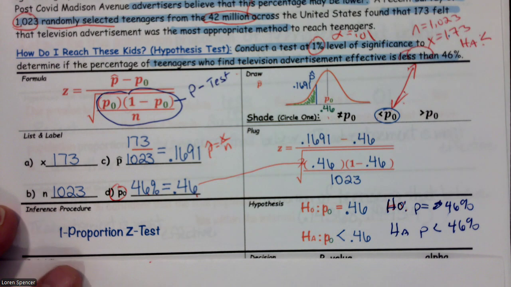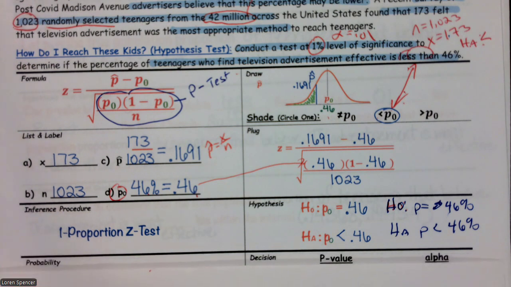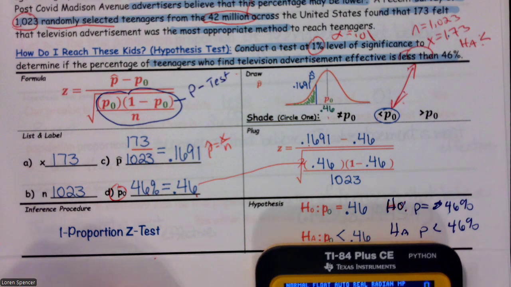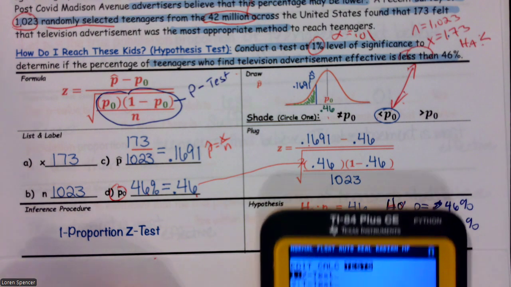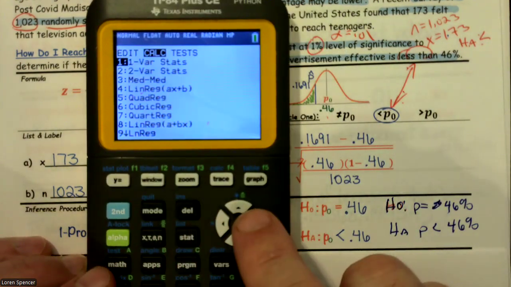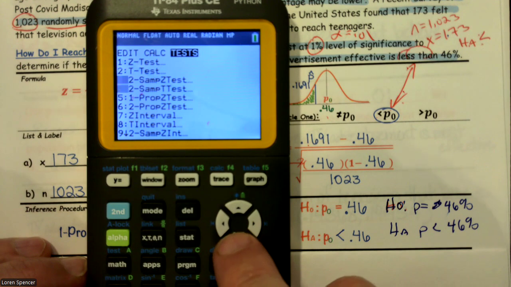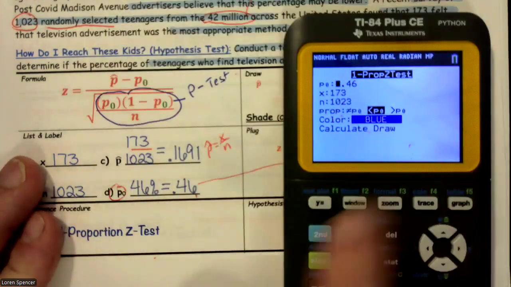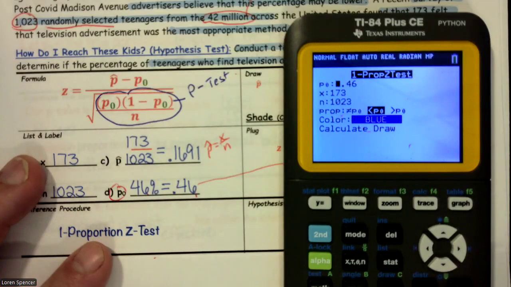So we'll need to define our parameter here in a moment, but let's go ahead and run our test because we're going to define the parameter in our notes. All right. So stat, test. Let me redo that. Stat, arrow over to test, drop down to one proportion z test, number 5, and we have our population proportion of 46, or 46 divided by 100.